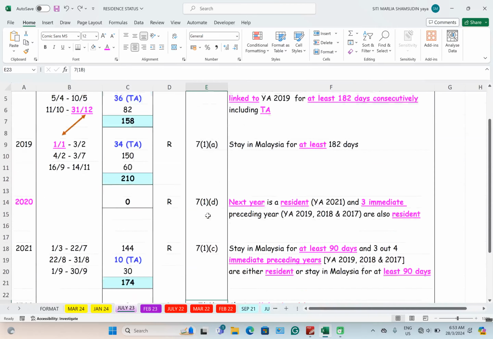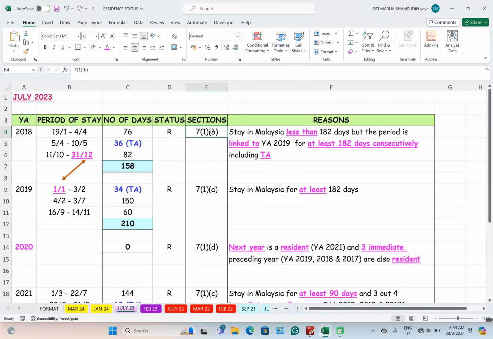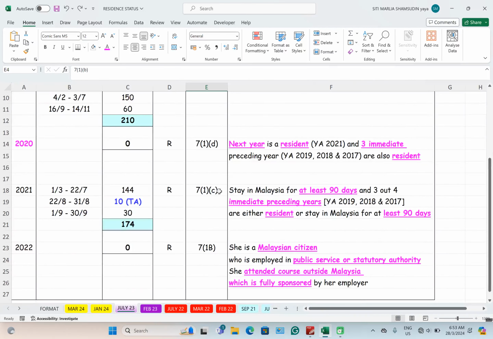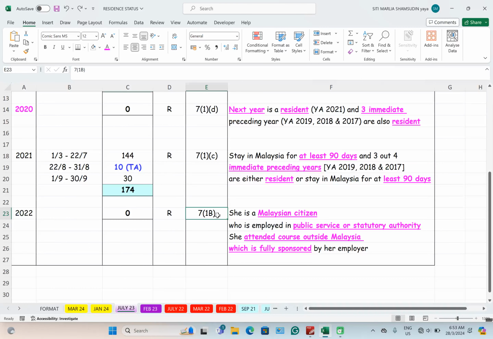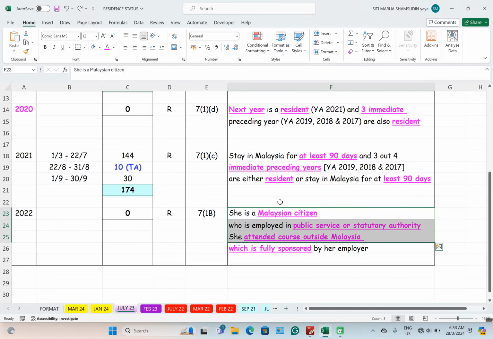Capital B. This is not same as this B. This B is linked to limbai, is it? But this B is special for government servant who further study outside Malaysia. Alright? Okay, so this is how you give reason. Number 1, she is a Malaysian citizen. Number 2, she is employed in public service, or you can mention she is being employed by Bank Negara Malaysia, or she is working for Bank Negara Malaysia.